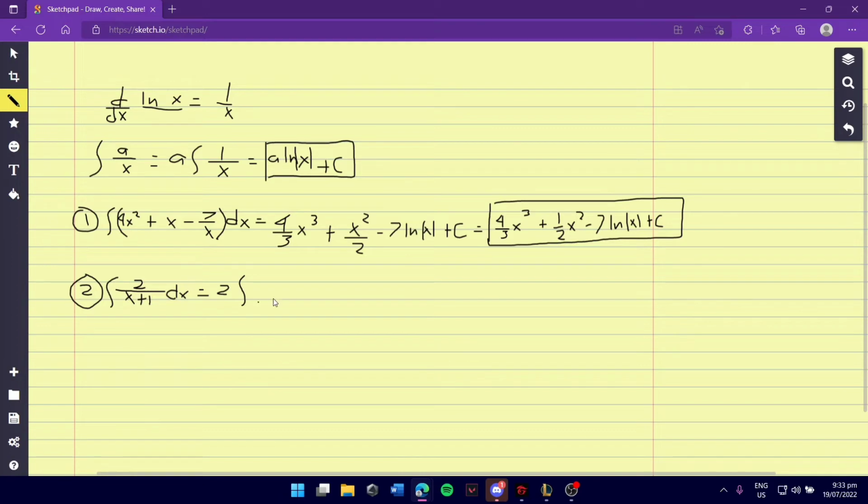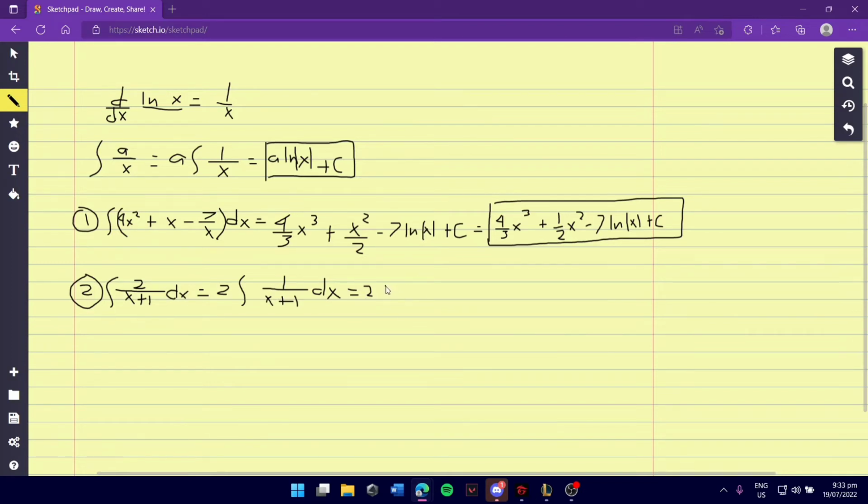So 2 here times 1 over x plus 1 times dx. So copy 2, and then 1 over x plus 1, the integral of it is simply ln of x.